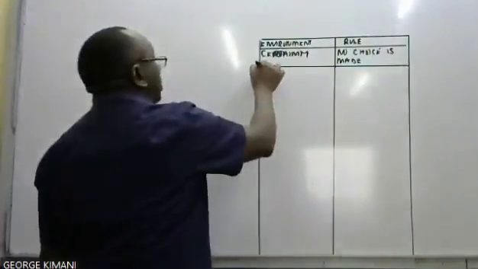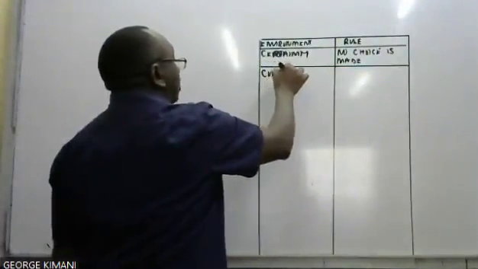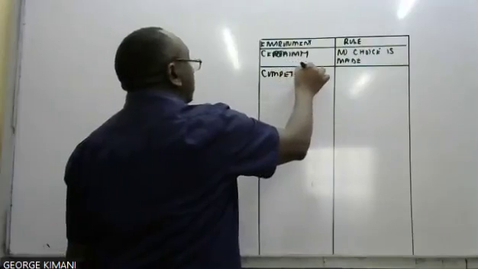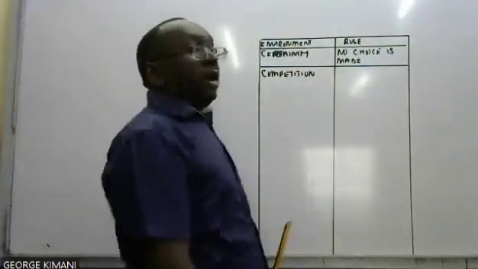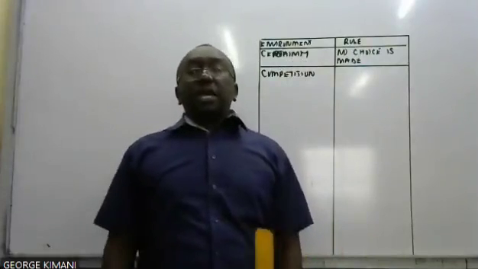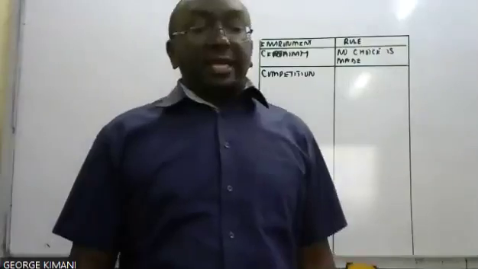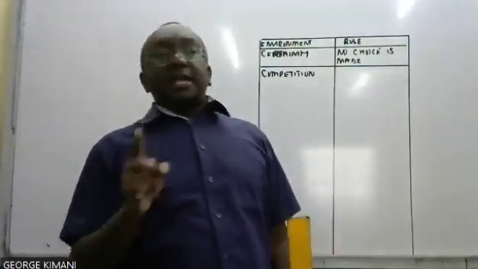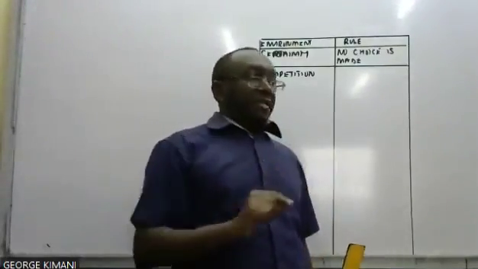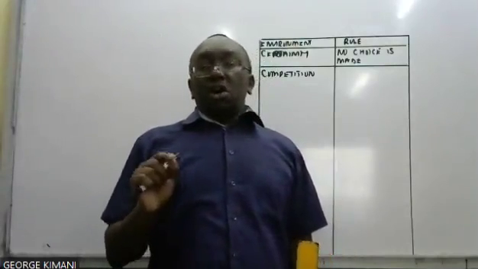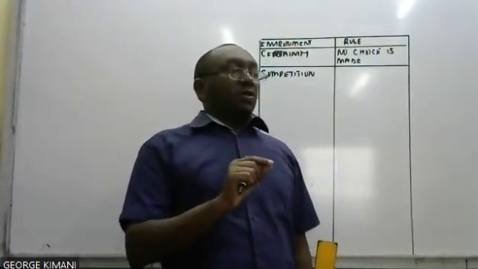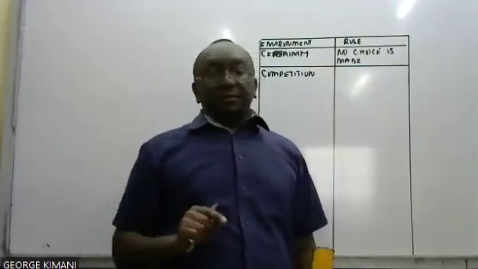The next one is called the environment of competition. The environment of competition is where we have more than one person interested in one item, and that item cannot be subdivided such that all the interested persons will have a small share.